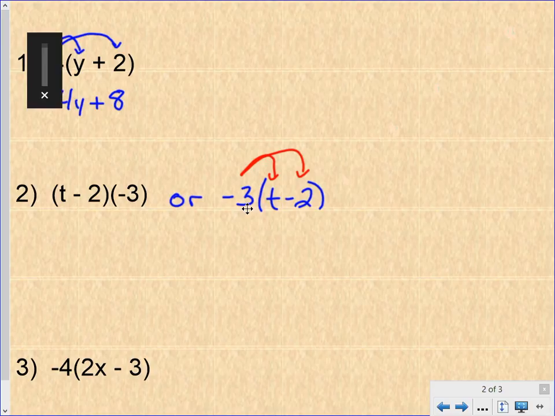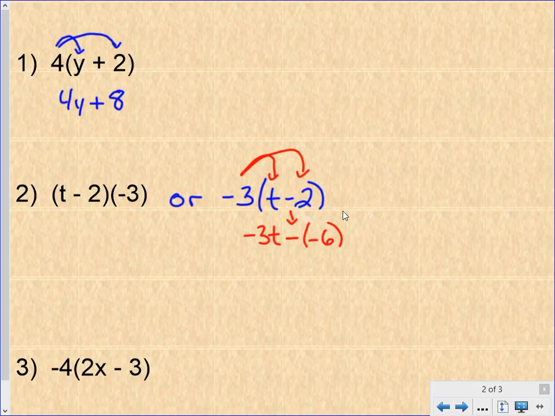So negative 3 times t is negative 3t. A negative times a positive is a negative. I'm going to bring down the minus sign, so I'm just dropping this down. Negative 3 times 2 is negative 6. Now this is where we run into what I talked about on the last slide.